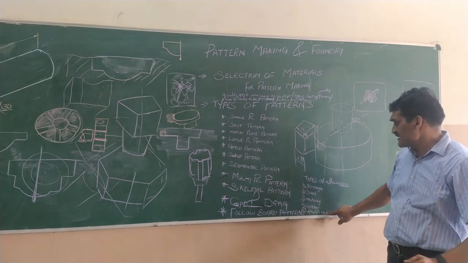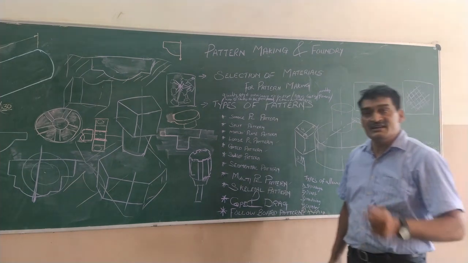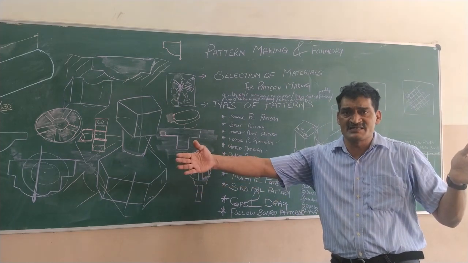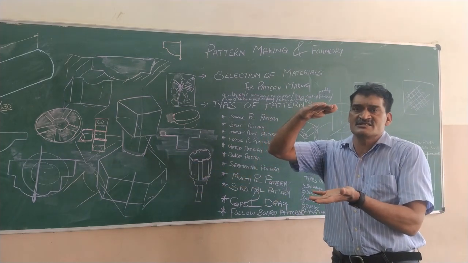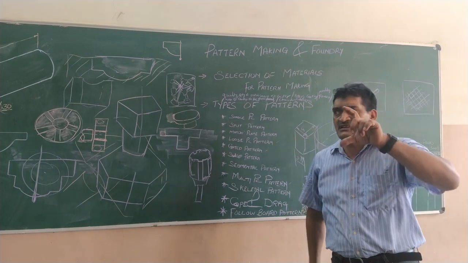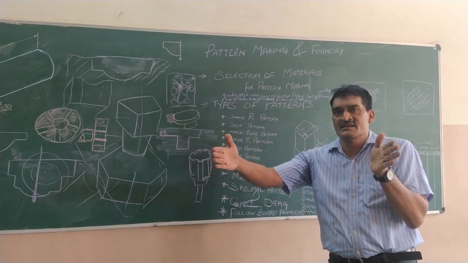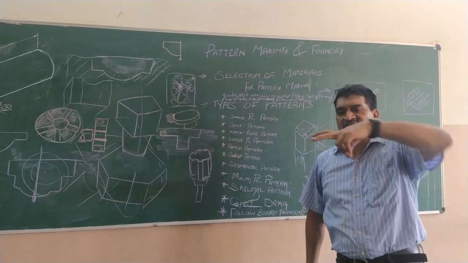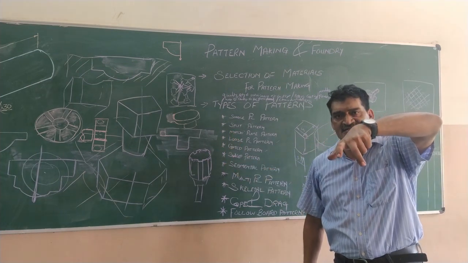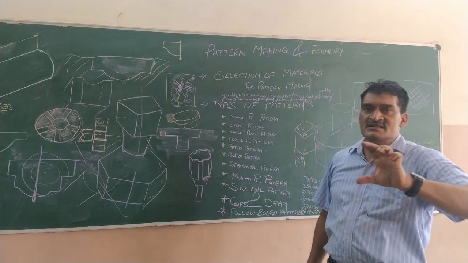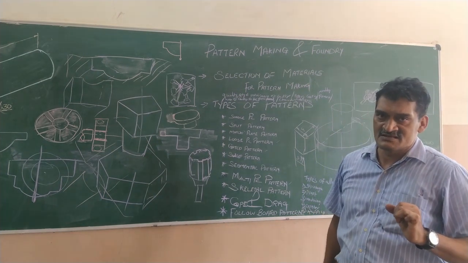The next I shall take is wrapping allowance. In the wrapping allowance, let's say we have a very large pattern and the length also is big. Let's say the diameter or the width of it is 6 inches by 6 inches and the length is 8 inches.